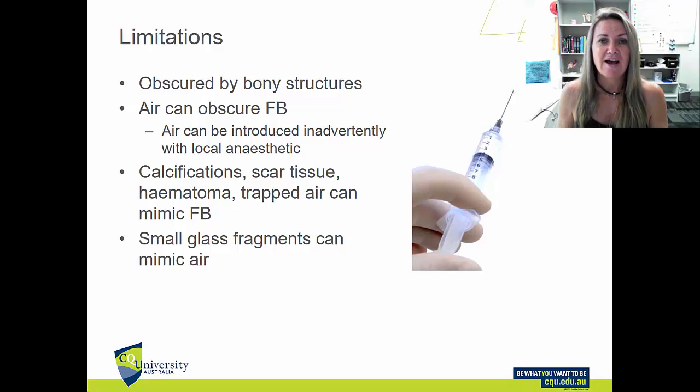Limitations of the scan. Now, hopefully you're understanding that there are limitations to what we do, and there are certainly a lot of things with foreign bodies being so superficial that hamper our ability to detect them. So they are obscured by bony structures. Even though we say things are bright as bone, well, we also can have bone in the way, and it's very, very difficult to know which is the foreign body and then which is being covered by the bony structures.